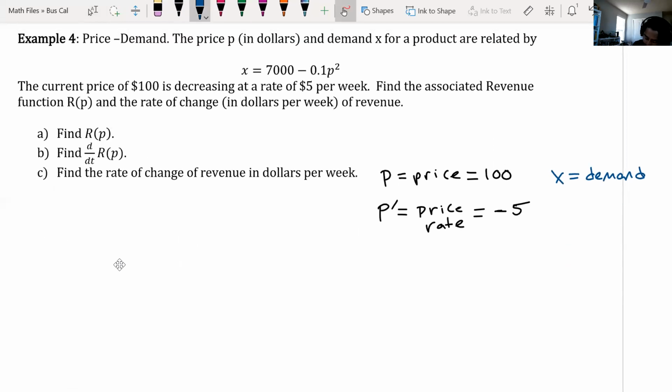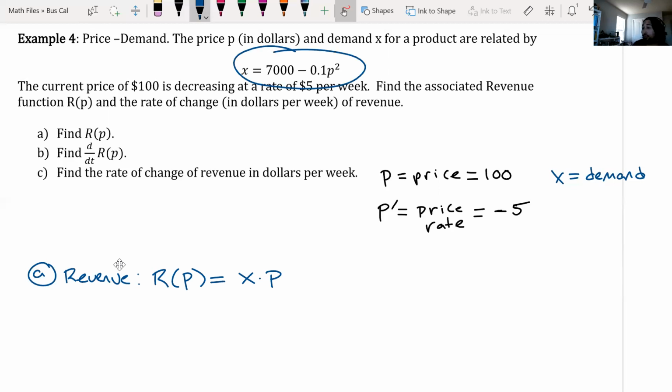Well, if you remember, to find a revenue function, the formula is given as R of P is equal to X times P. And above, they have given us a formula for X, which means that is what we're going to plug in for this little X here.